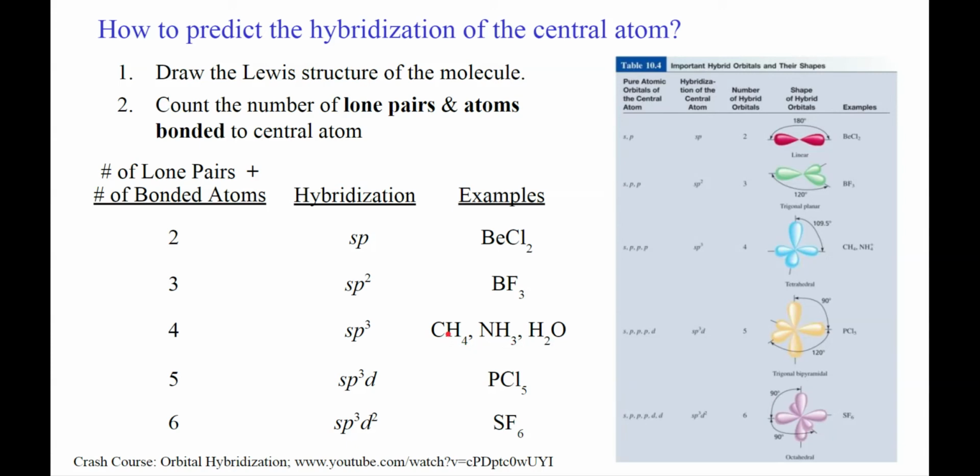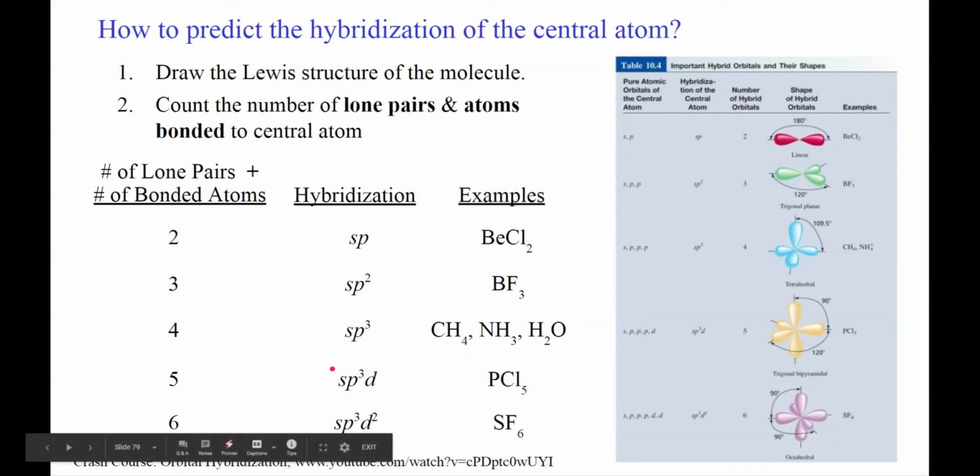Even though there's 4, 3, 2 things bonded, water has 2 non-bonding pairs and ammonia has 1 non-bonding pair. So there are still 4 total electron pairs. Just like when we did VSEPR, we counted up how many different things we're pushing away from each other. And that same number is what determines the hybridization, in this case sp3. Again, if there's 5 things bonded, sp3d. If there's 6 things bonded, sp3d2.